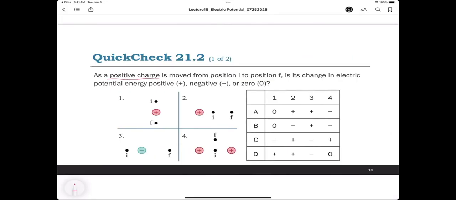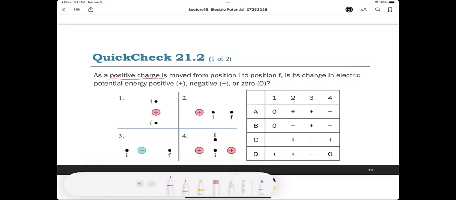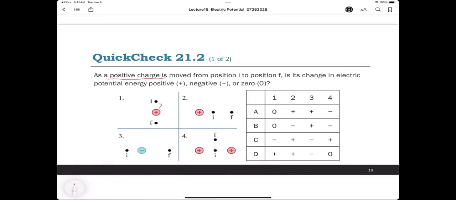Yeah, a positive charge, which means a positive charge is moved from position I to F. Is its change in electric potential energy positive, negative, or zero? You can see from here, for question 1, from I to F, this distance is the same.